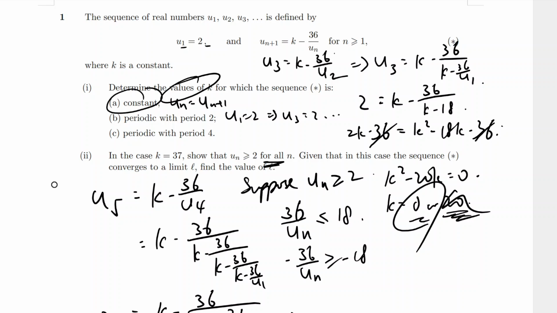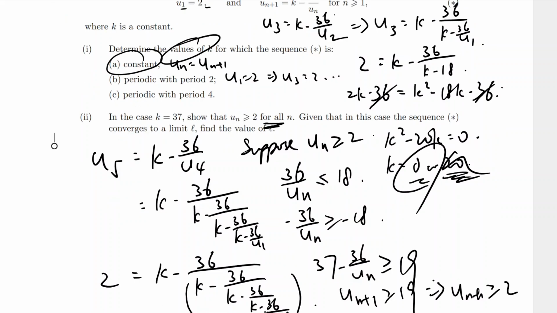And k is 37, so I have 37 minus 36 over u_n is greater than or equal to 19. That is just u_{n+1} itself, so this implies that u_{n+1} is way greater than 2. So by induction, that's well true. So that's done.